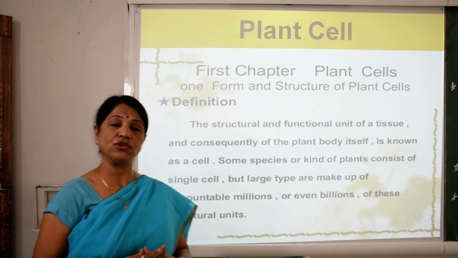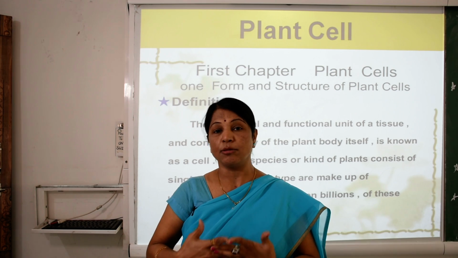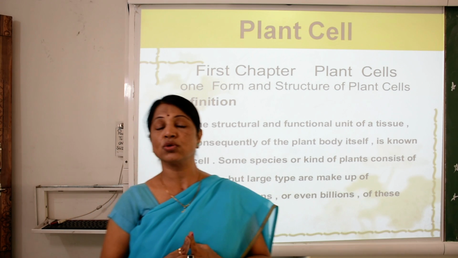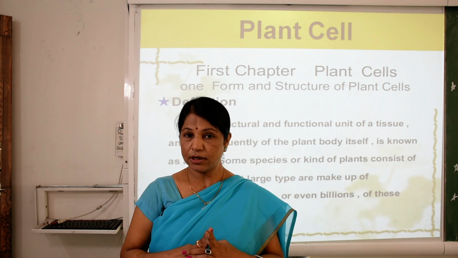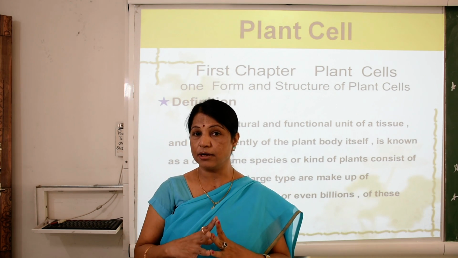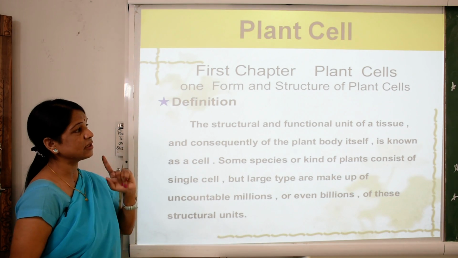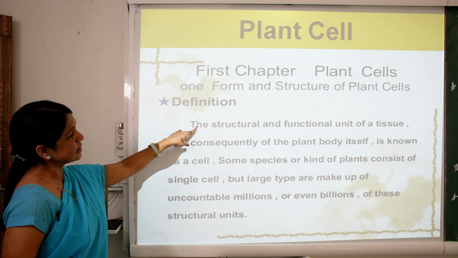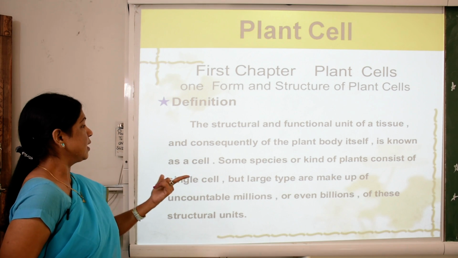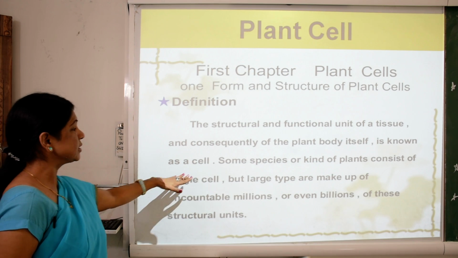Now let's move ahead to the plant cell and the animal cell. What is the plant cell? In the beginning I showed you a few peels of onion, so that is also a plant cell. It means all the flora kingdom. First, the structure of the plant cell: it is the structural and functional unit of the tissue, and consequently the plant body itself is known as the cell.